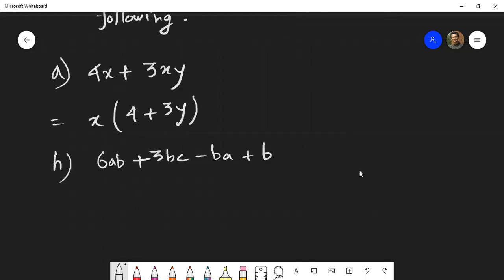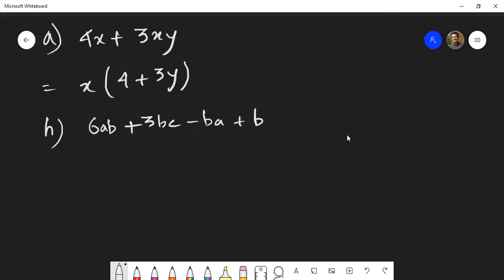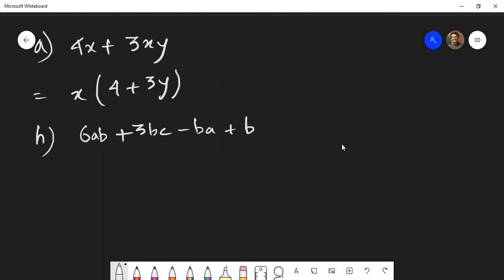Extract the common factors of this mathematical expression just by having the example of this one. Let me do it in my copy as well. 6ab. And use the chat to answer the book's question, not my question.